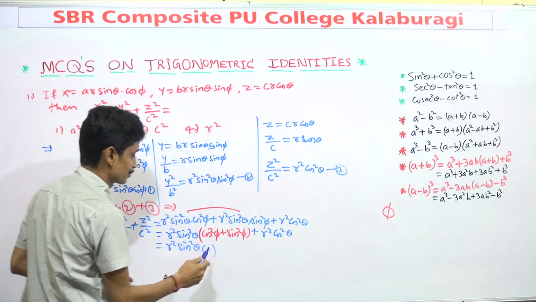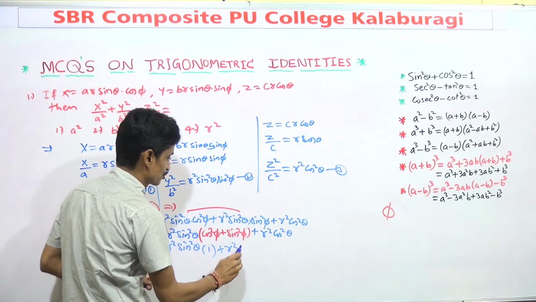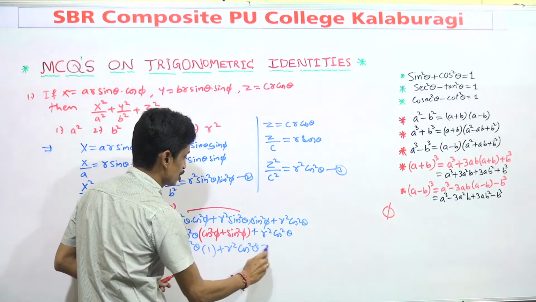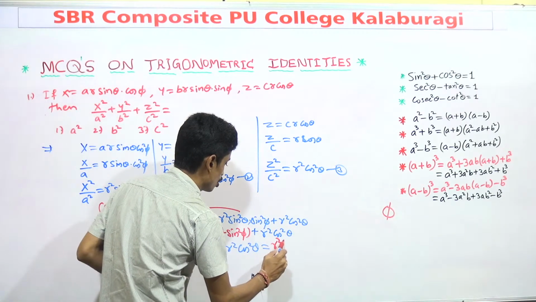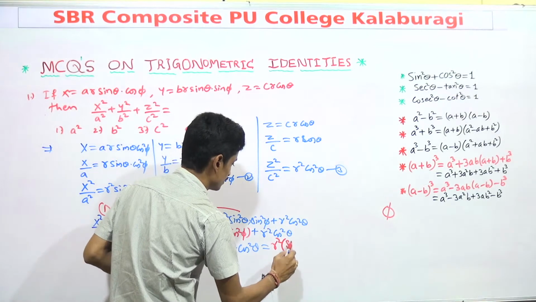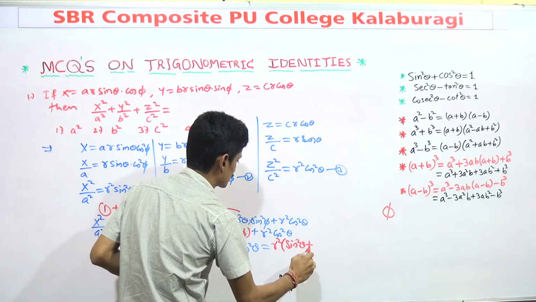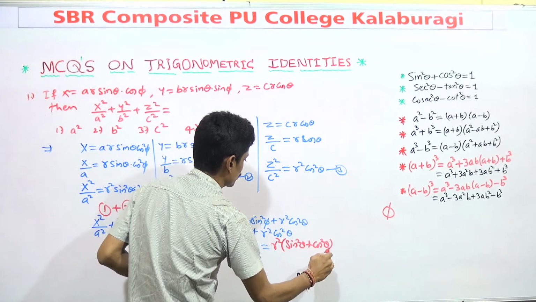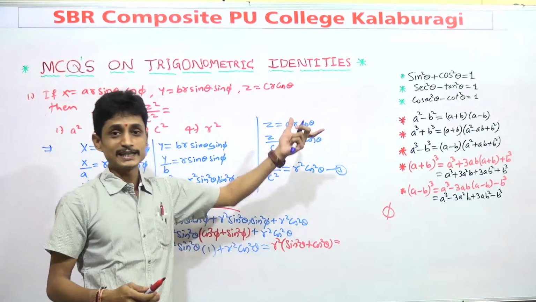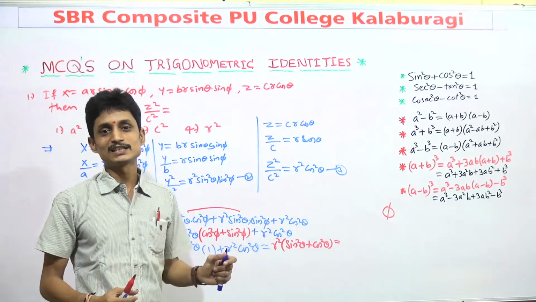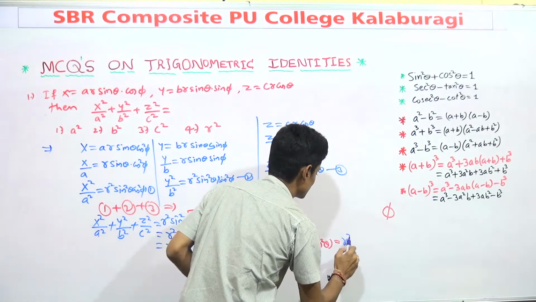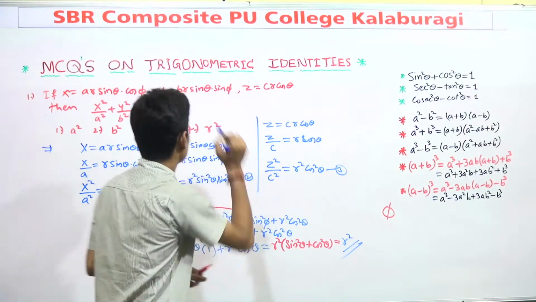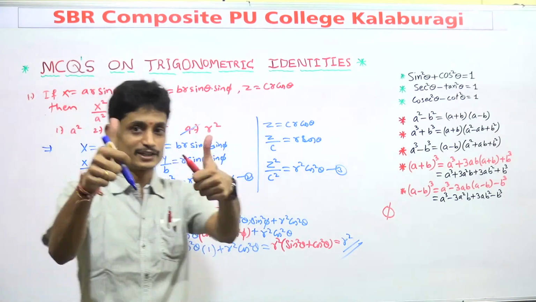This value should be 1 plus r square into cos square theta. Once you take r square common, what remains is sin square theta plus cos square theta. We know the identity, sin square theta plus cos square theta is 1, hence our answer is r square. So the fourth option will be the correct one.